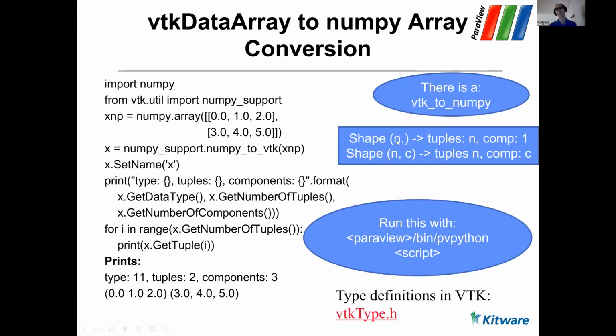And I have a few more notes here. The shape N with nothing else corresponds to n tuples and one component, and N, C corresponds to n tuples and C components.